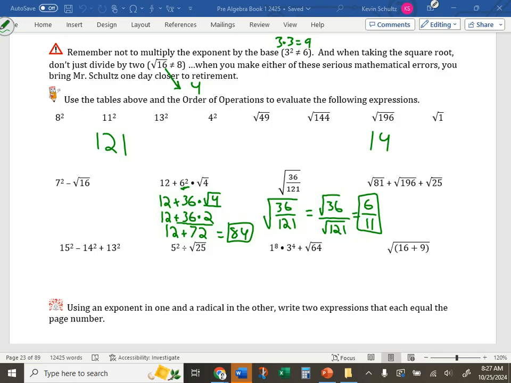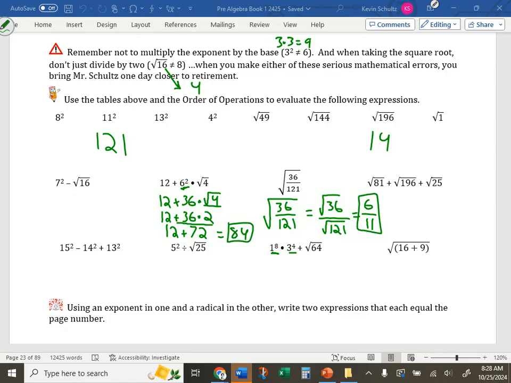So according to order of operations, P, no parentheses, E, we've got some powers here. So the exponents that we have: 1 to the 8th and 3 to the 4th. We can do those at the same time because they're both powers, and we have to do them before we do the multiplication anyway.